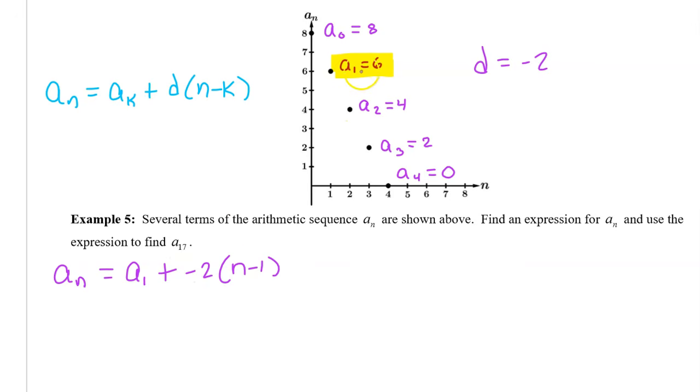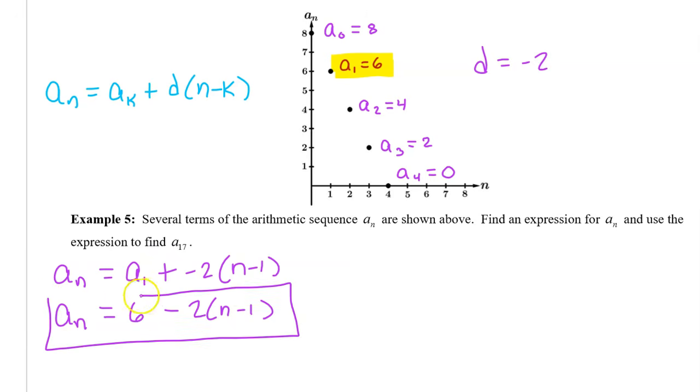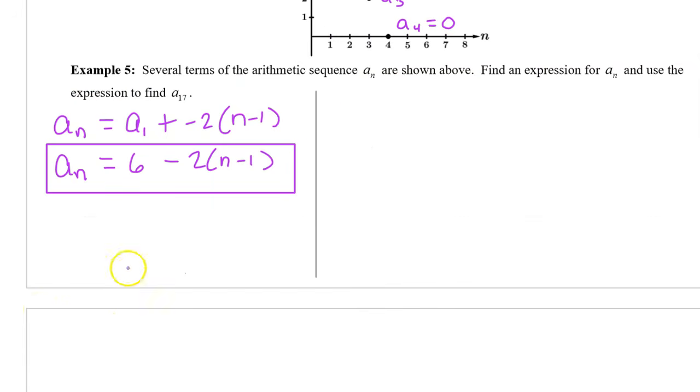But we know that a1 is 6, so feel free to skip this step and go straight to an is equal to 6 minus 2 times n minus 1. So this is an expression for an. There are many others.